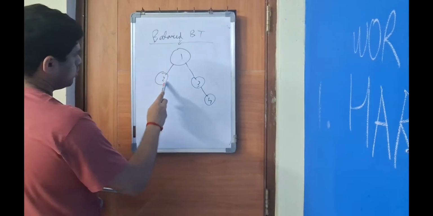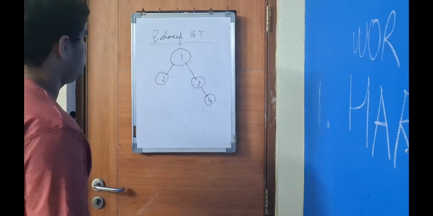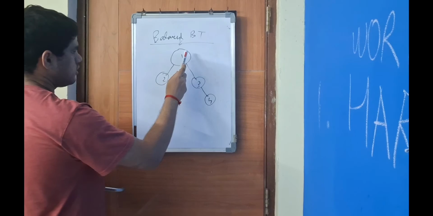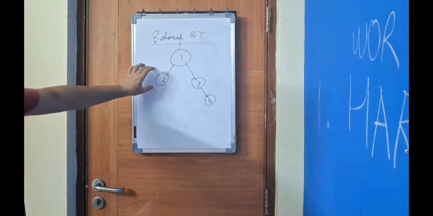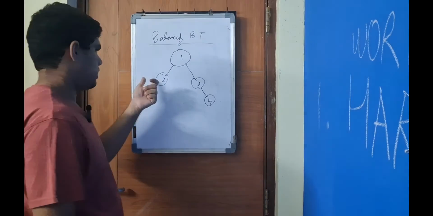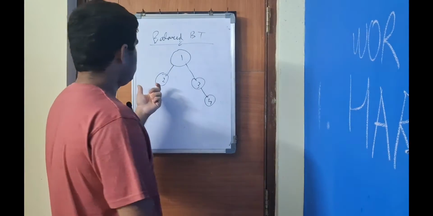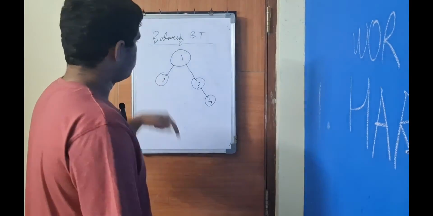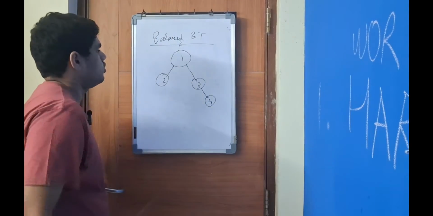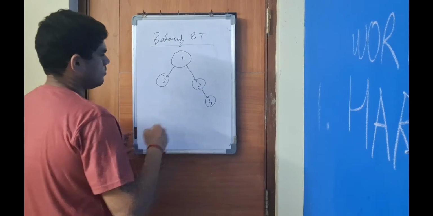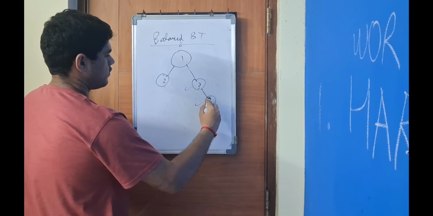We have 2 here, 3 here, and 4 here, right? If you take this part, which is only 2, there's only one node, and if there is only one node, we take the height as 1. If you take the right side of the root node, we take the height as 2 because there are two nodes, 2 and 4.